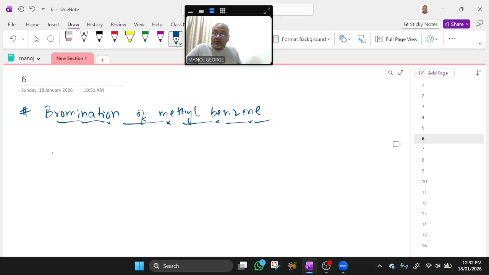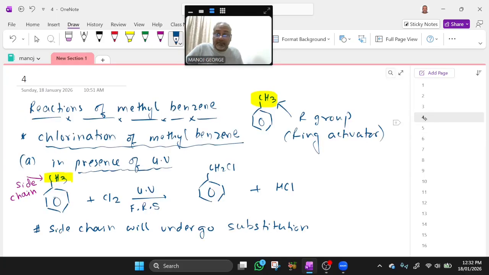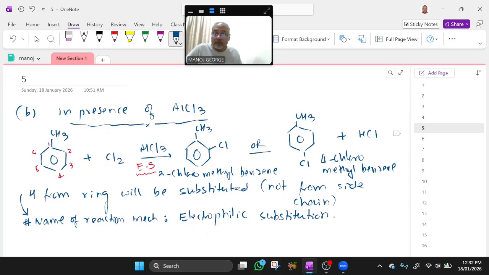So when you do the reaction of methyl benzene, once again, don't forget, let me make that note: the chlorine here is in gaseous form. State symbols will not be required, but particularly for the free radical substitution, I just wanted to mention the physical states.